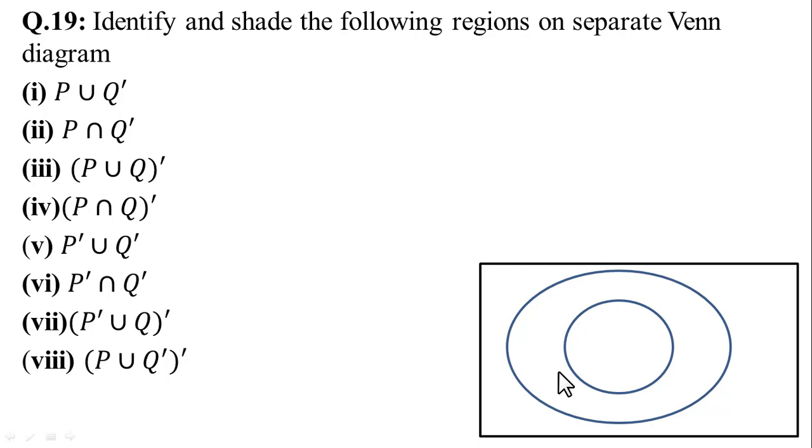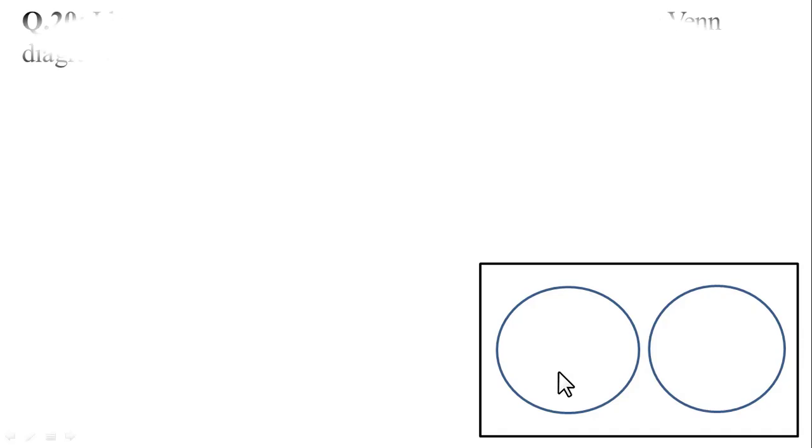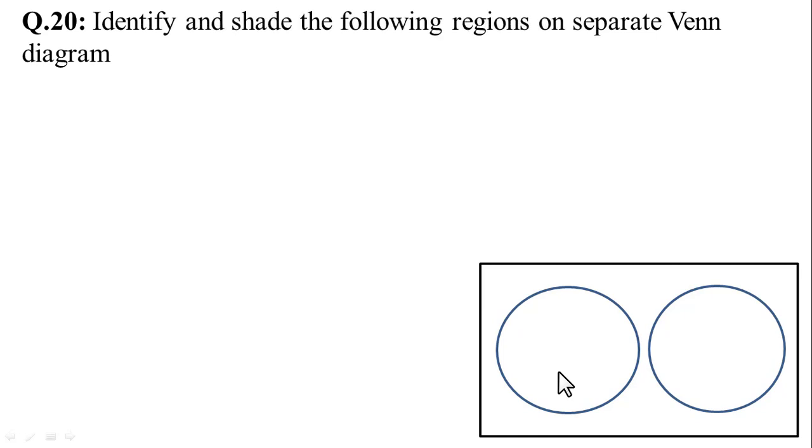Now in the next question, here two different sets mean both are disjoint sets, no element is common in this diagram. So we can identify and shade the region on separate Venn diagrams.